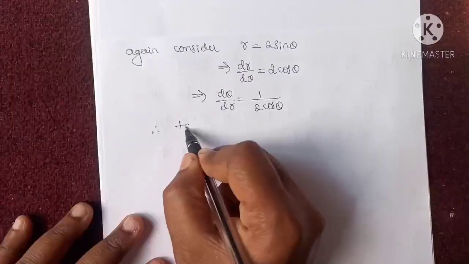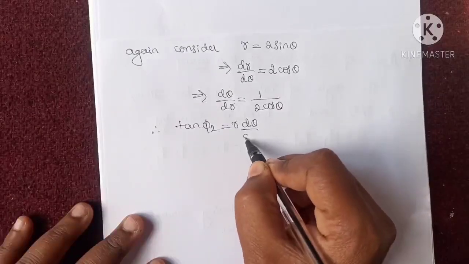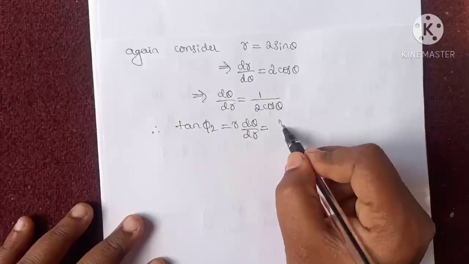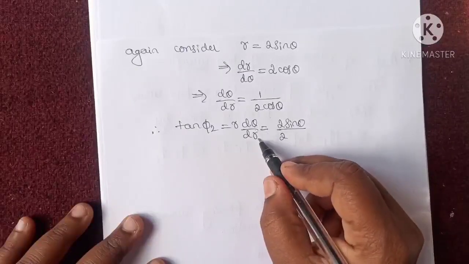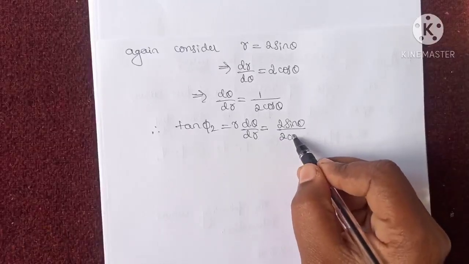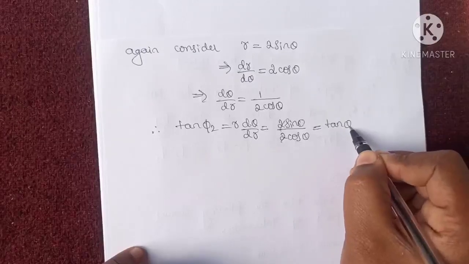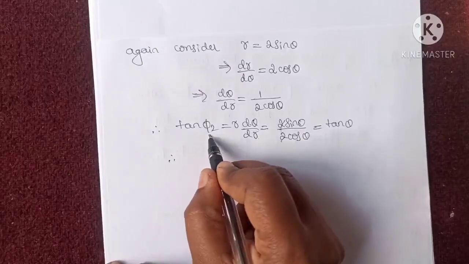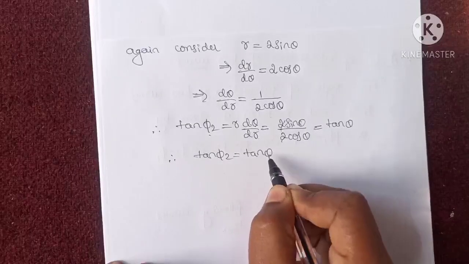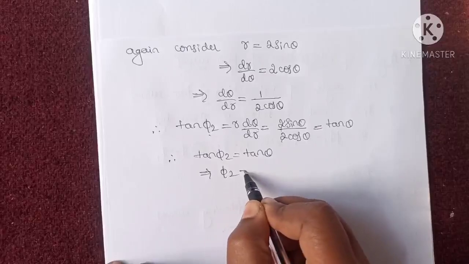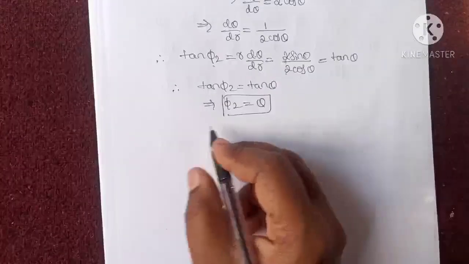Therefore tan of phi 2 equals r d theta by dr, where the r value is 2 sin theta, divided by 2 cos theta. The 2 cancels, and we get tan theta. Therefore tan of phi 2 equals tan theta, which gives phi 2 equals theta.